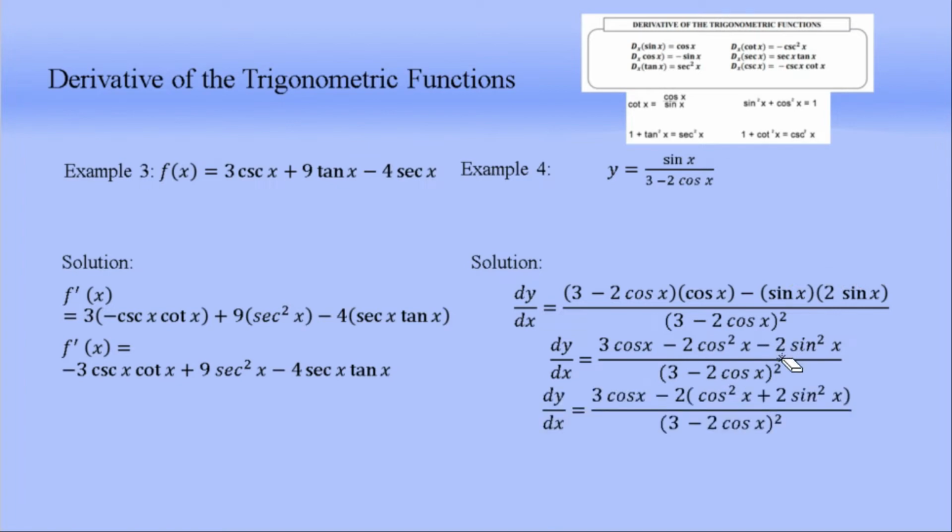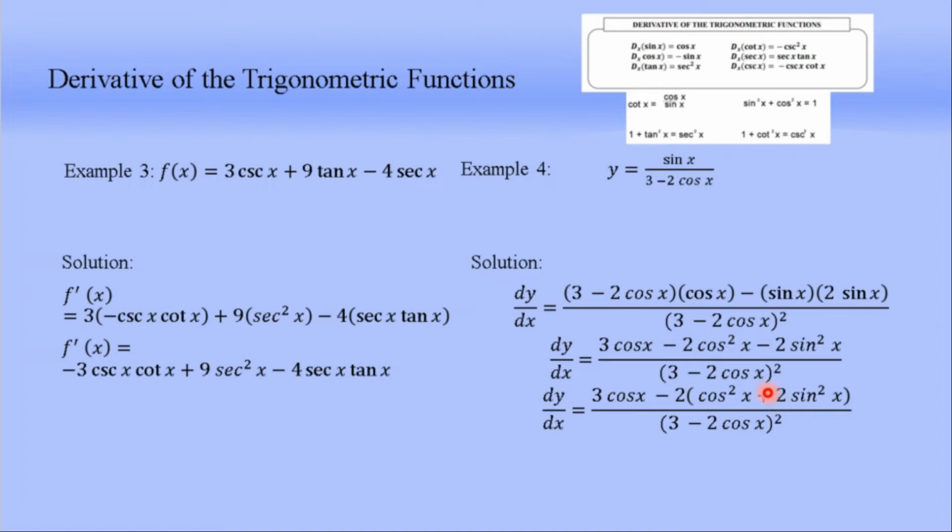And then notice that negative 2 cos squared x and negative 2 sine squared x, we can factor out 2. So we're going to factor out 2 times cos squared x plus sine squared x.